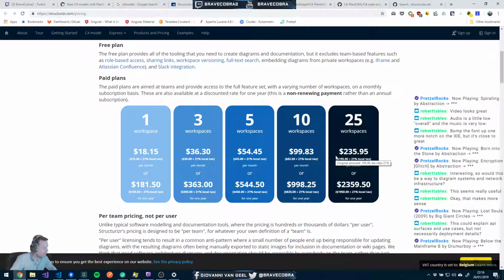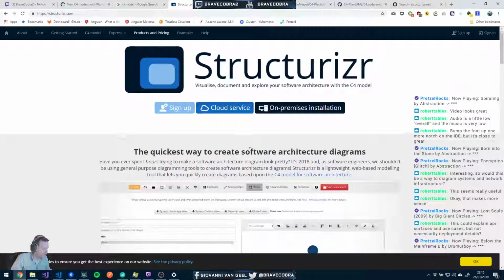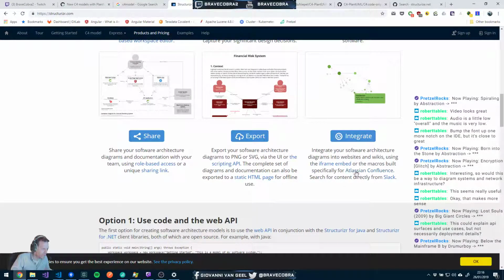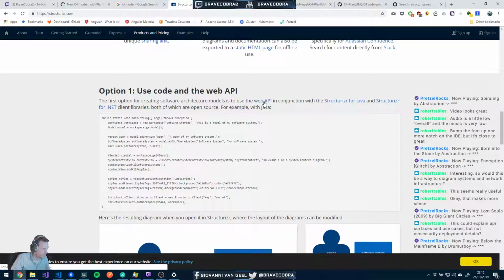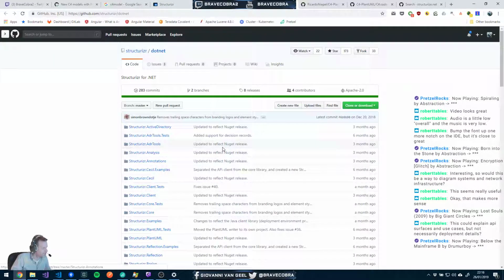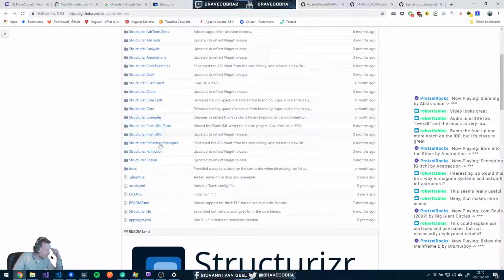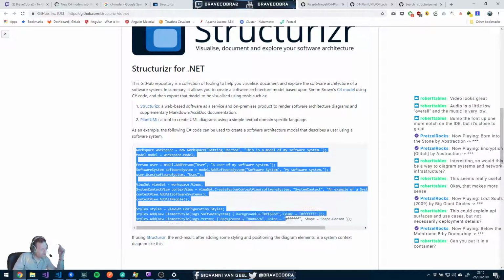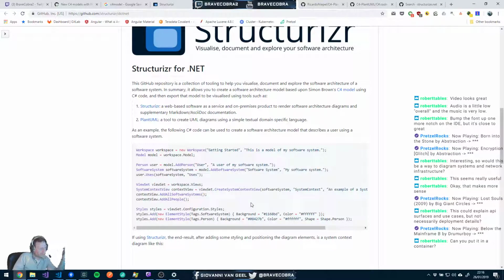The idea behind Structurizr and Structurizr.net, and let's see if we can have the integrated part. Or this is the web UI, this is the .NET one. So what you basically would have is you would describe the same model, not in PlantUML, but you would describe it in C# code.